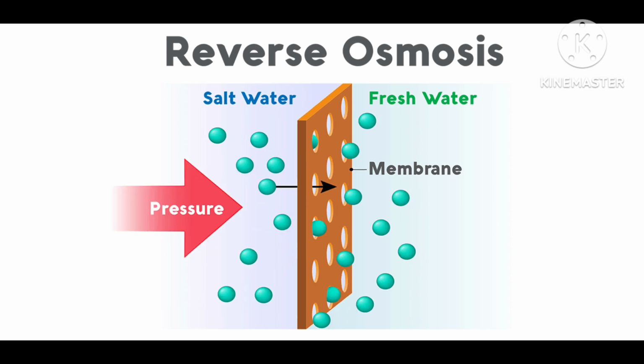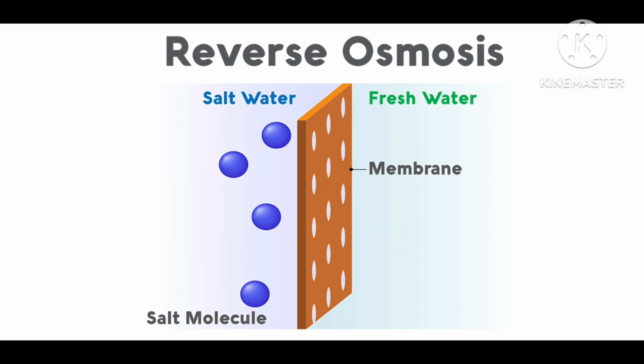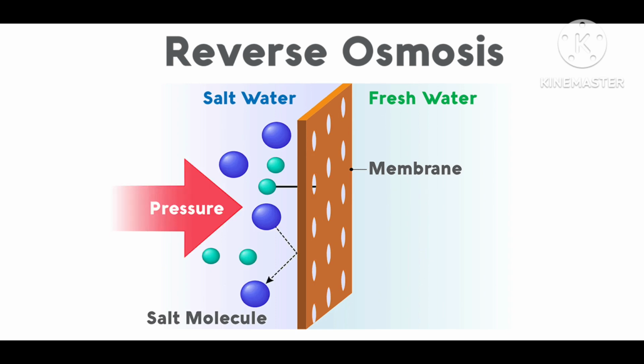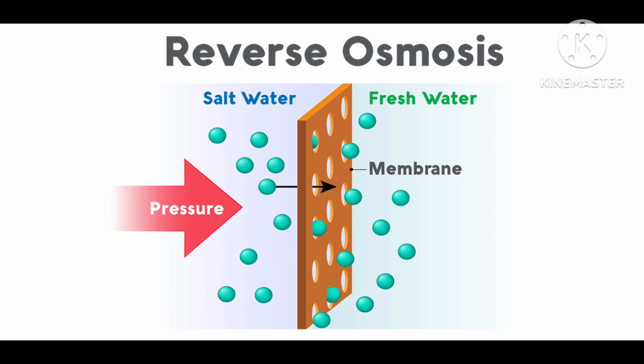Then if you apply more pressure on the solution side, the salty water side, more than the pure water pressure, then whatever pure water was there in the solution will come towards the pure water side. In that tank it will come.